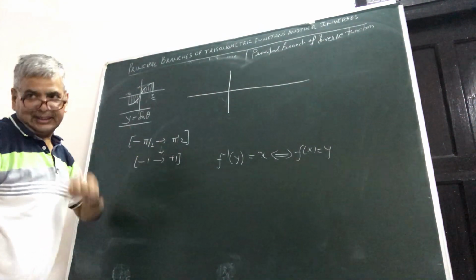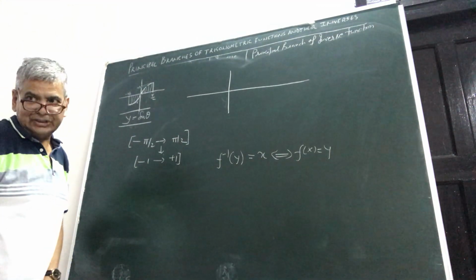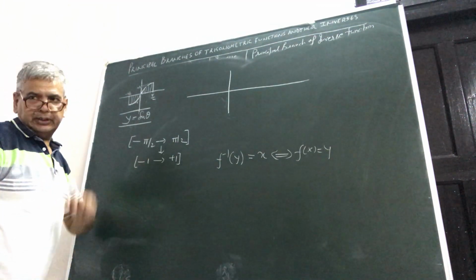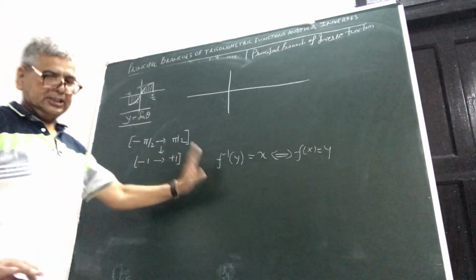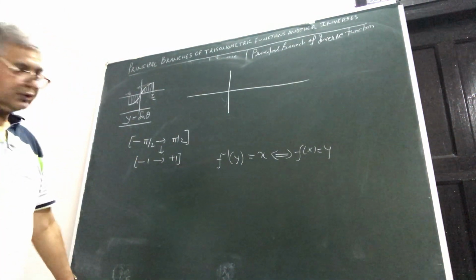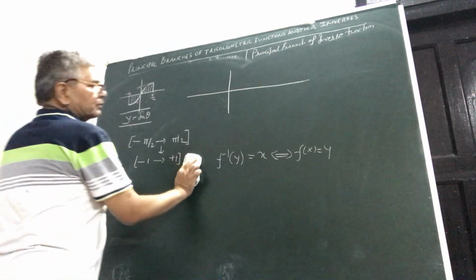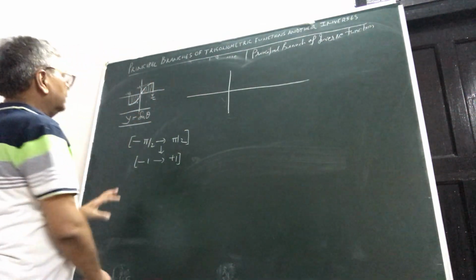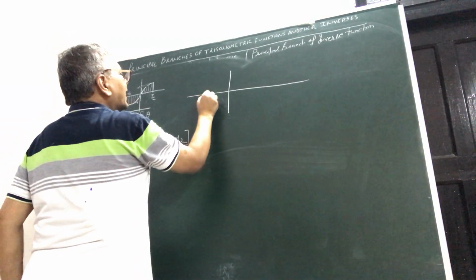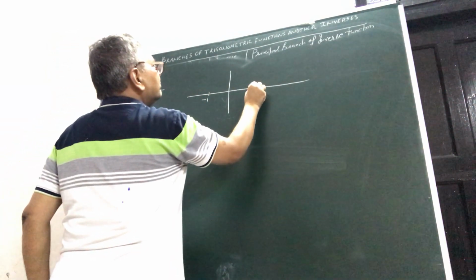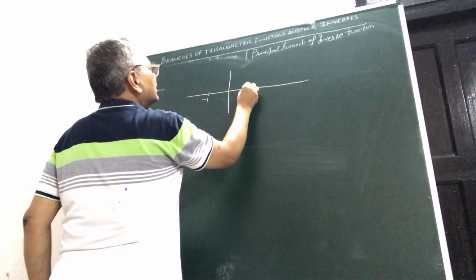And this particular thing will become the range of your sine inverse function. This is the only principle by which we are drawing it. So please remember this theorem. Suppose minus 1 is this much, plus 1 is this much.